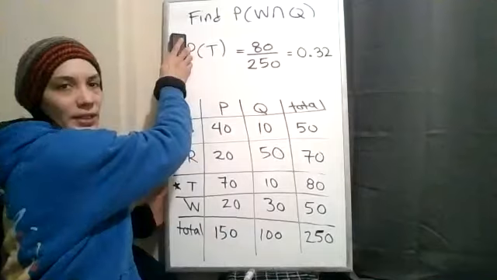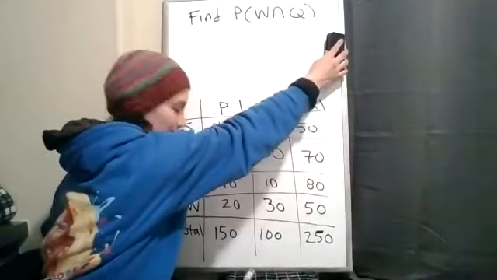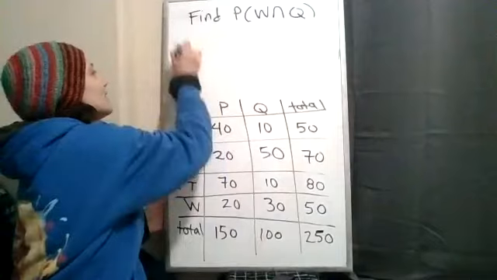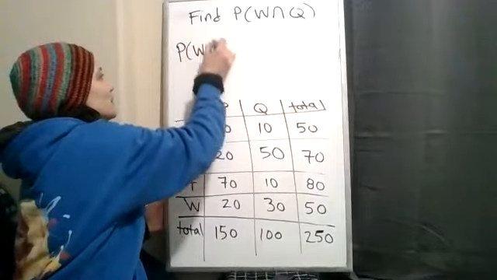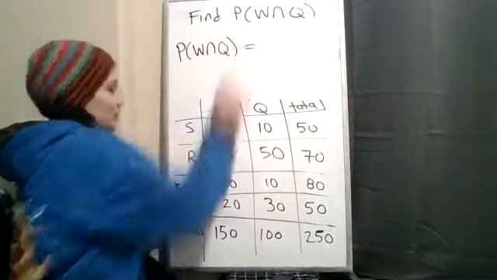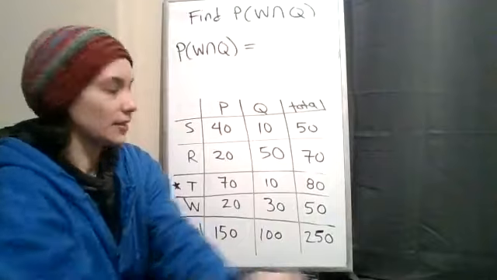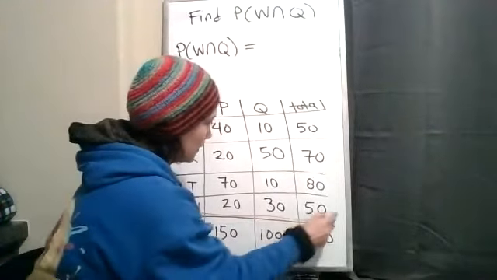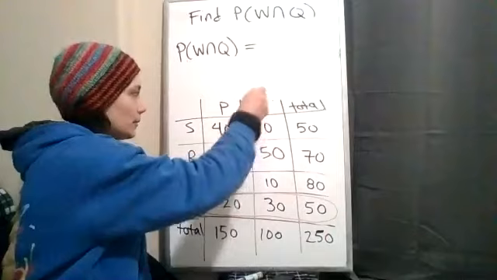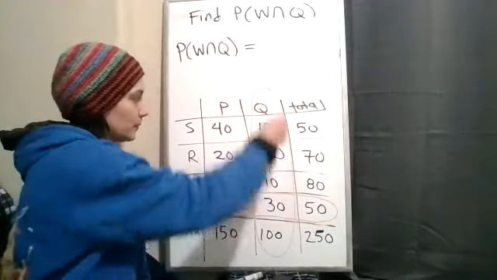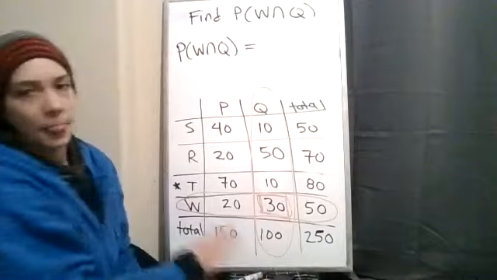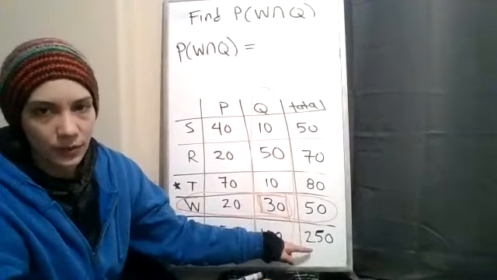W intersect Q. We'll find W and Q. So you want this number here, 30, and then divide by the total, 250.